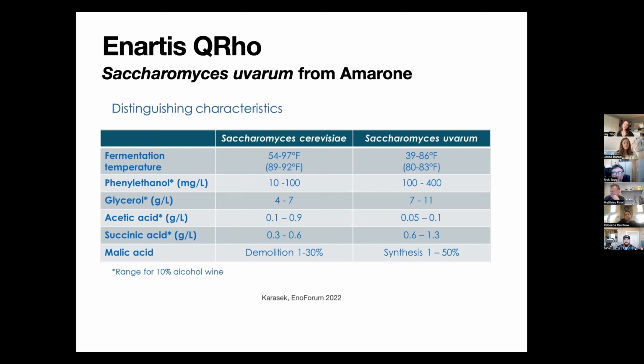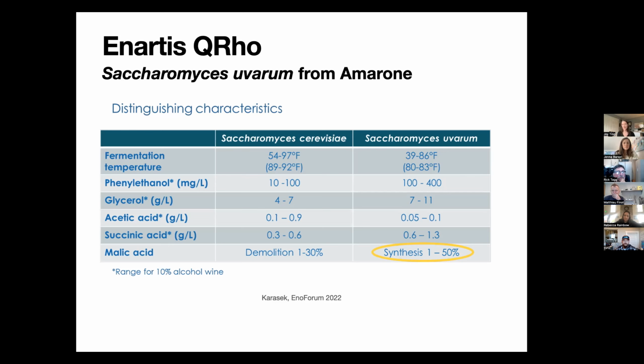So all of our experiments today were fermented with a control that we assume is Cerevisiae, compared to an Uvarum, this QRHO from Vineyards. When Vineyards first brought this to us, the thing that really stuck out to me among the characteristics of what Uvarum is doing is the ability to produce malic acid.